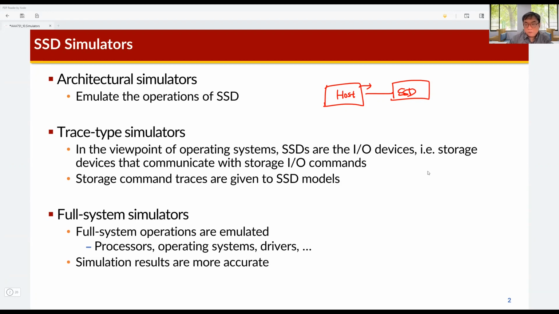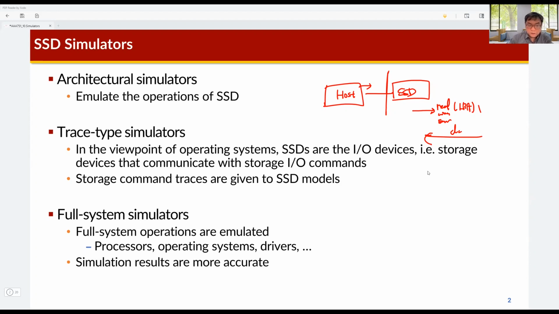If we just focus on the SSD part, the SSD receives the host commands like read, write, erase command with the logical block address, and then returns the data for read, and also performs the write operations or erase operations inside of the SSD.